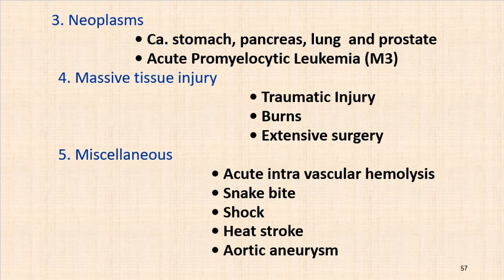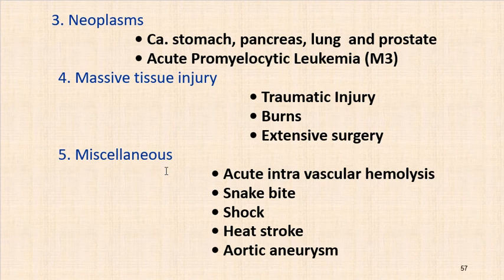Now, number 4, massive tissue injury. Whenever there is massive tissue injury, for example very severe trauma with crush injuries, or extensive surgery or burns, they can lead to the formation of microthrombi throughout the body, that is DIC.